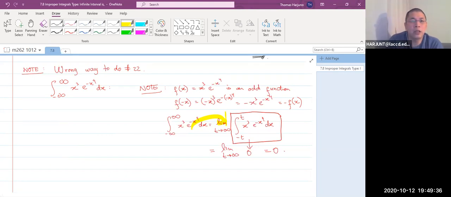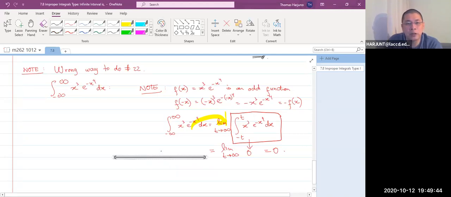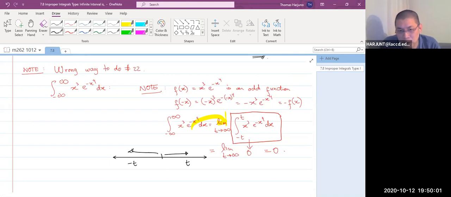What's the problem? When you go to negative and positive infinity, the way they approach negative and positive infinity has to be independent of each other. So this is t, and this is negative t, and they go to positive and negative infinity at the same speed. But that's not how we can argue the case.